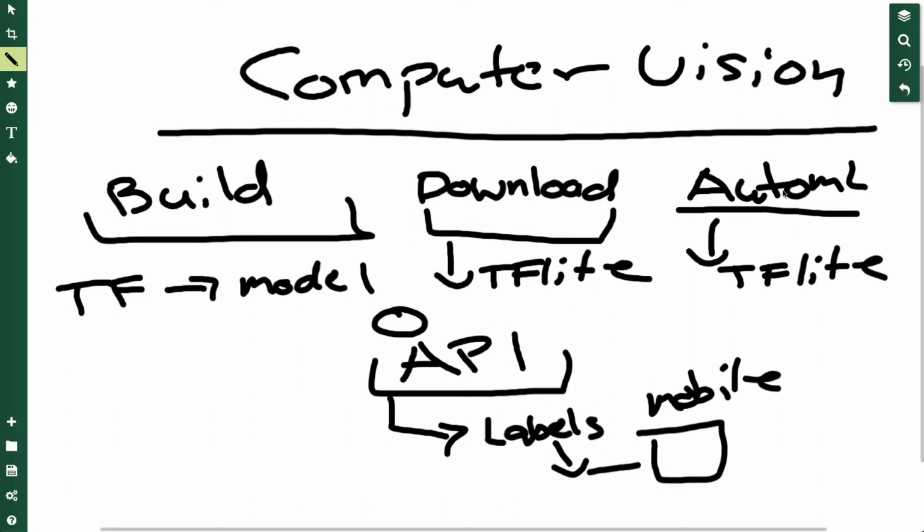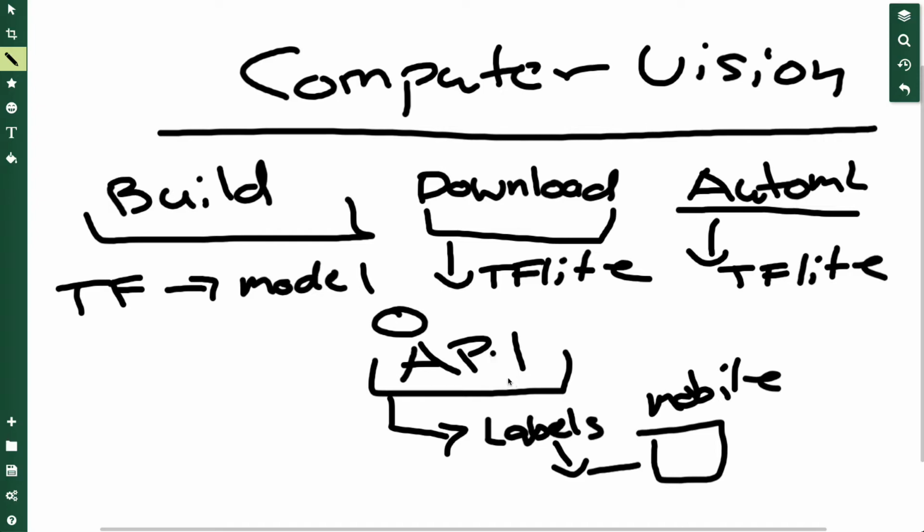A third is you can use AutoML tools and train a model using the technology that can train a system by clicking a button, like Apple's CreateML or Google's AutoML. And then fourth, you can actually just use an API. So that's what we're going to cover today, is how to use an API to build computer vision systems.